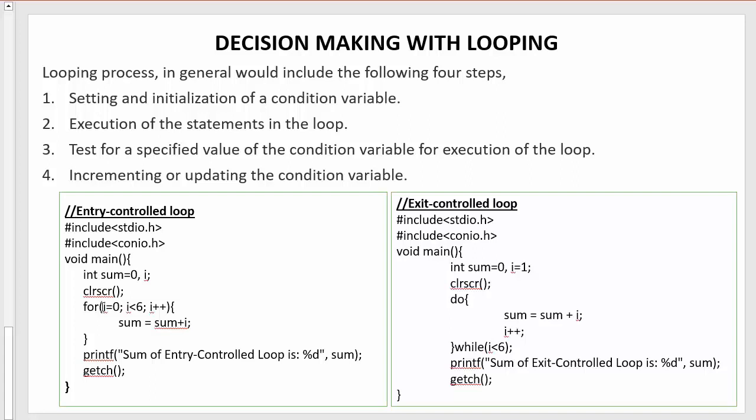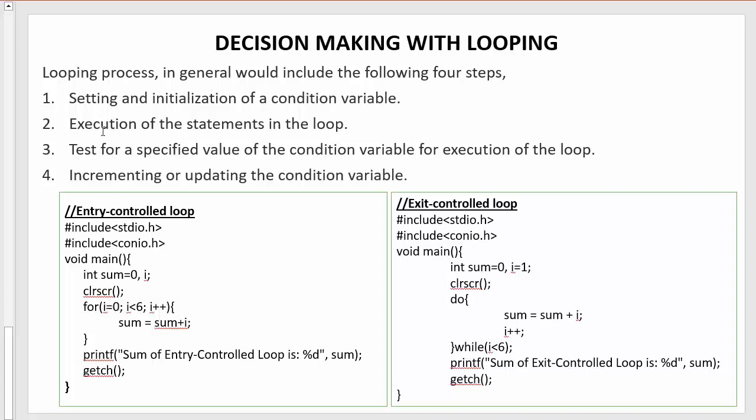Whenever we use a for loop or any type of loop, whether it is for, while or do while, we first need to set and initialize the condition variable. In this case i is our condition variable, and we are initializing it with the value 0.